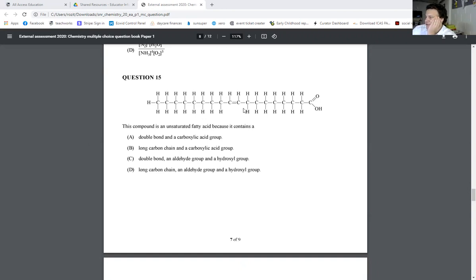Yeah, very good. So it's unsaturated. And technically, it will be unsaturated just because of the double bond.